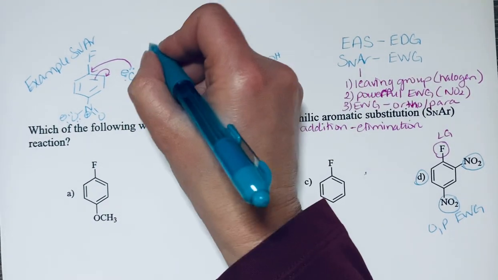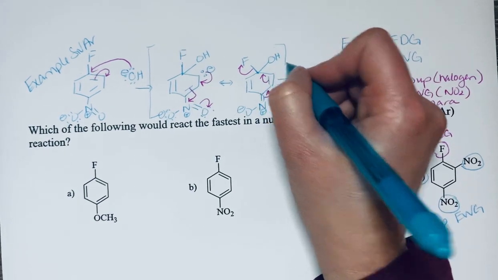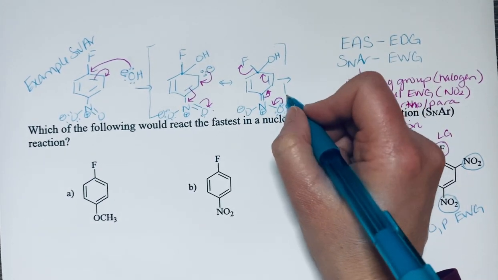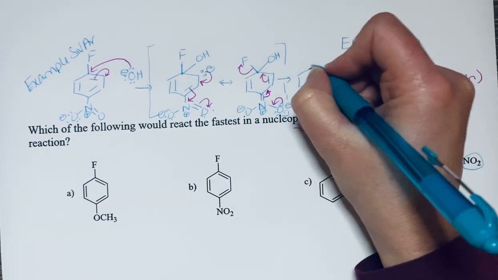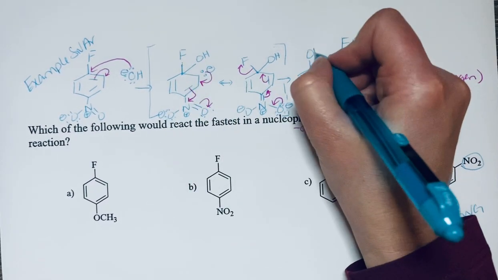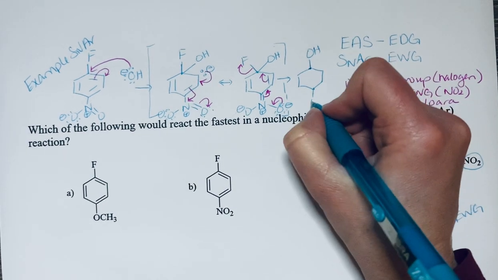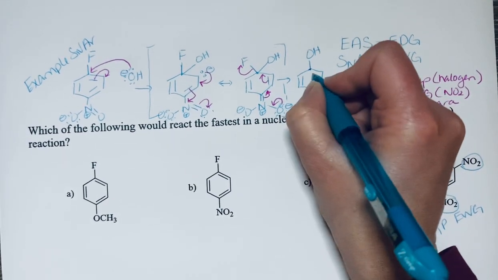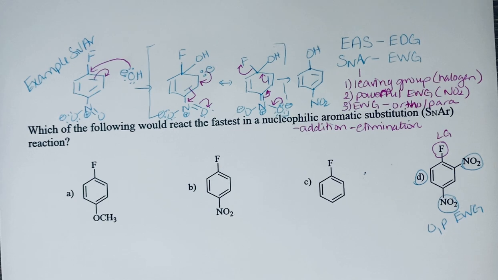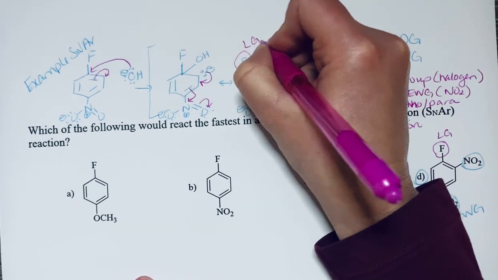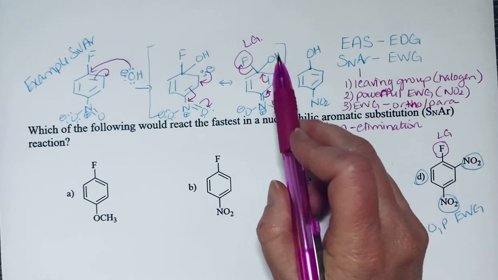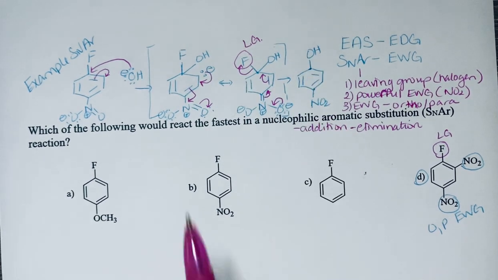Okay, so I'm going to put some square brackets around my resonance structures, and then we'll get to the product here. So we replace that fluoride with the OH. And the only other thing I think to note here is that this leaving group, another requirement of this reaction, needs to be a weaker base than the incoming nucleophile.